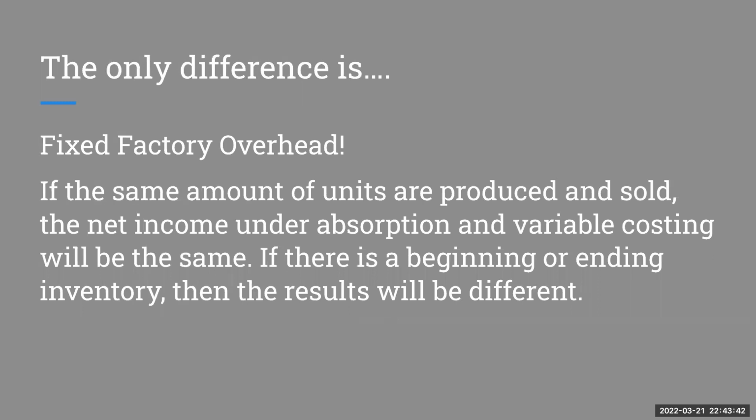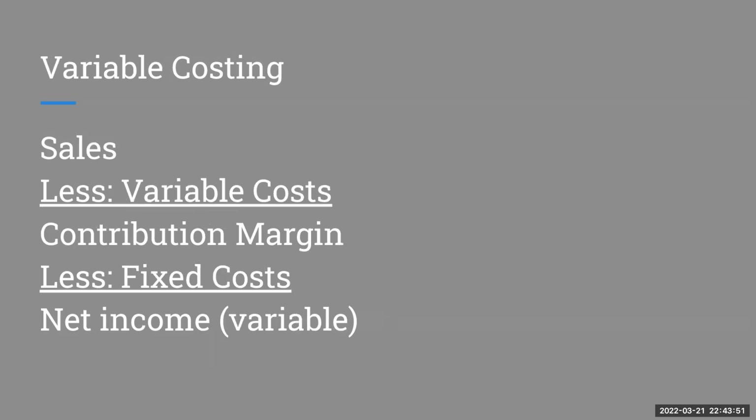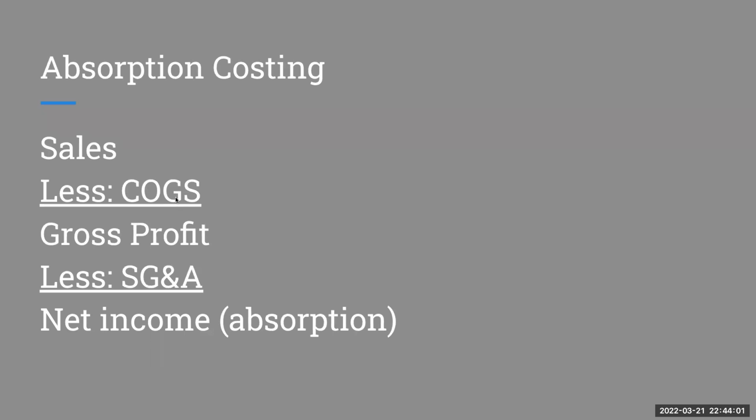Now, the biggest difference between these two methods is fixed factory overhead. The reason is that our fixed costs, especially the fixed factory overhead, are immediately expensed under variable costing. Here, our cost of goods sold by definition is going to include those fixed factory overhead costs.